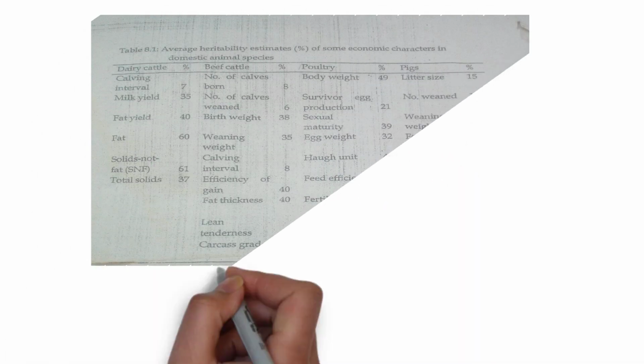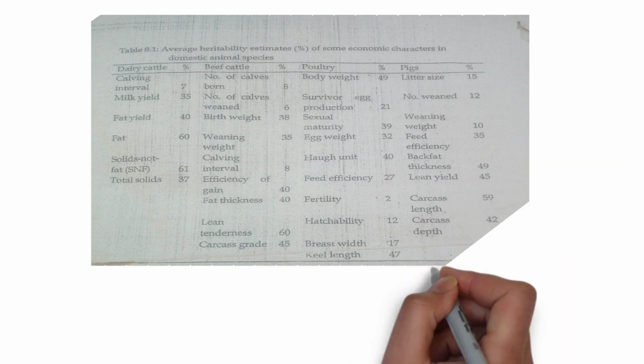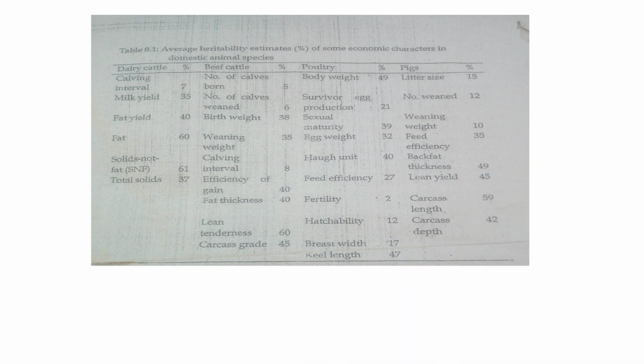From the table in our notes, showing average heritability estimates of some economic traits, let's look at some and discuss. Heritability closer to 0, for example 7% or 0.07, means a trait is very lowly heritable and it is not advisable to use in breeding, even if the animal produces well.